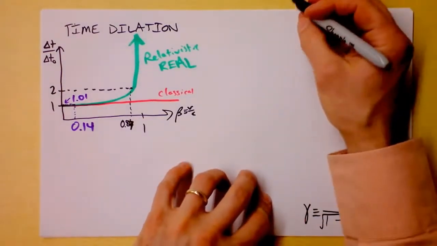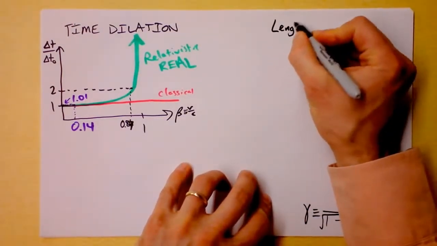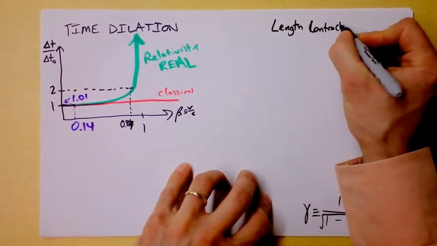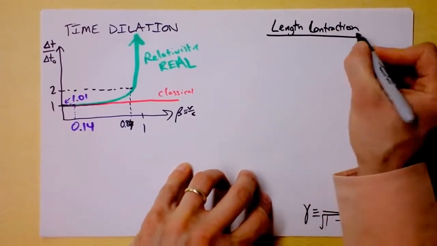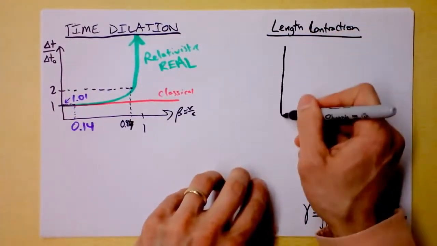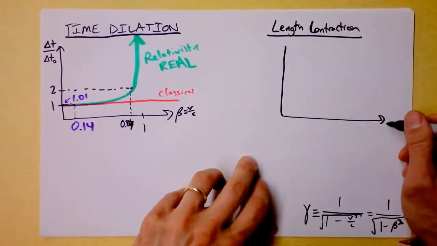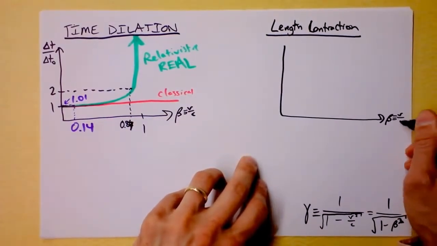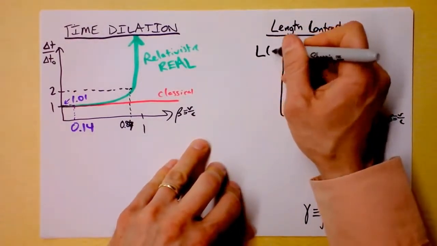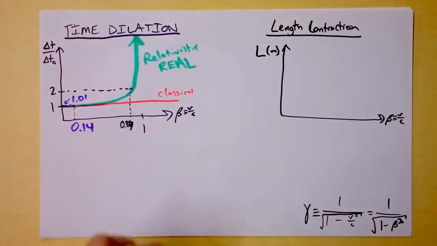Then we could also look at length contraction. This is not an introduction to any of these topics up here, simply a summary. The effect of length contraction gives you something like this, where this is again beta, which is v over c, and I'll give you length here. This is how long something actually appears to be in meters.